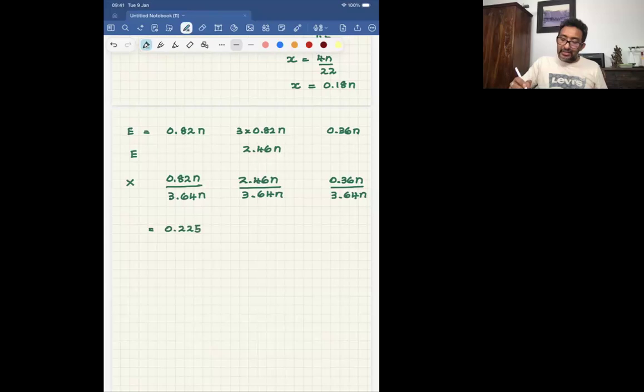That's the molar fraction. 2.46 divided by 3.64 is 0.675. What is this one? 0.36 divided by 3.64 is equal to 0.098.